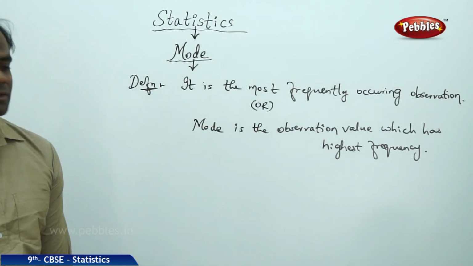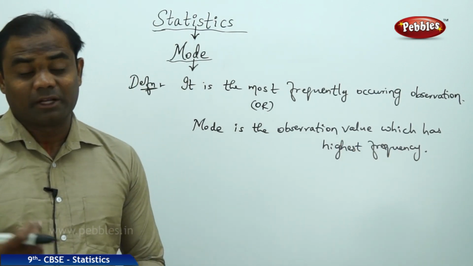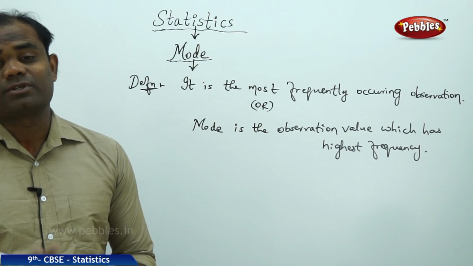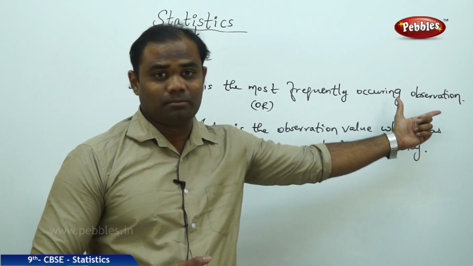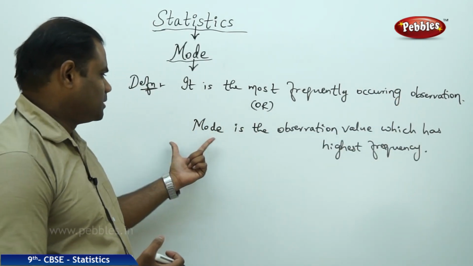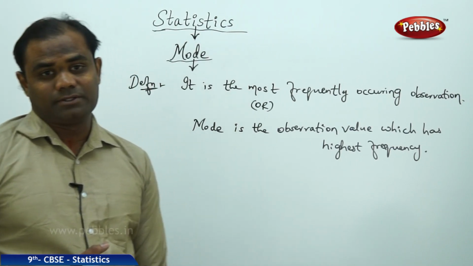It's simple because when the observation value has highest frequency, that means it repeats for the most number of times. Therefore, mode is the most frequently occurring observation, or mathematically mode is the observation value which has highest frequency.